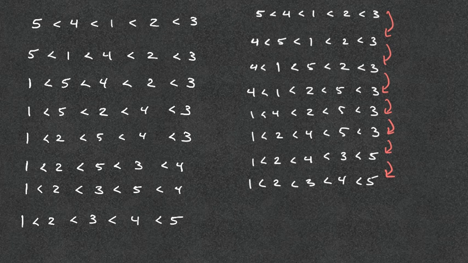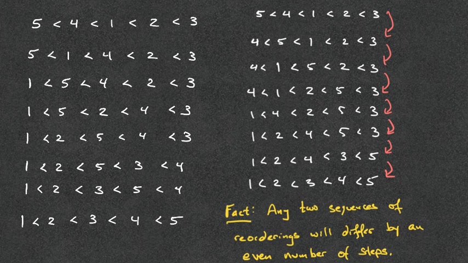But something that we do find out of this is that for any two sequences that we might come up with, they will always differ in an even number of steps in how long it takes to go from the original permutation to our standard ordering.